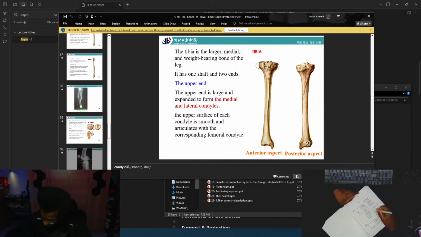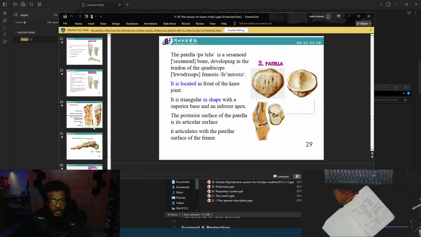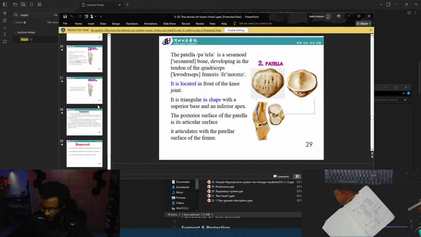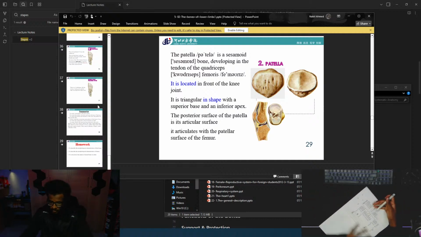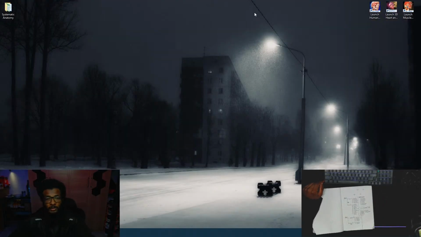Tibia. Fibula. Patella not so much. Okay. Yeah. Those are the bones of the body: the skull, trunk, and the upper and lower limbs.